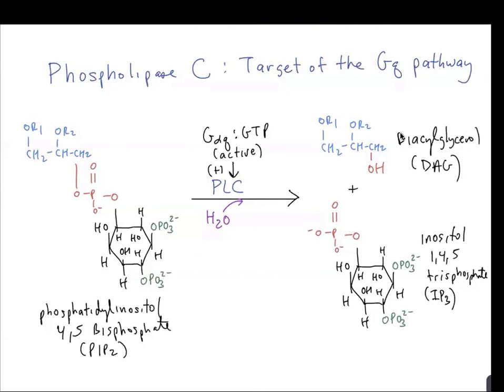Now this is because of the negative charges, this stays in the cytosol and can actually have effects that we will discuss in the GQ pathway video. And this is how phospholipase C works in terms of acting on its substrate, producing diacylglycerol and IP3, which have very important signaling consequences that we'll discuss.